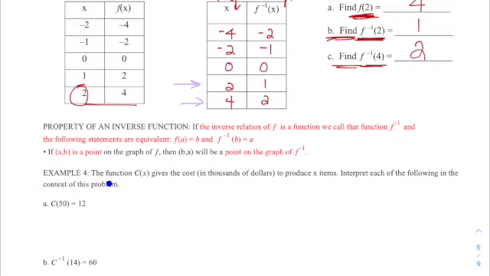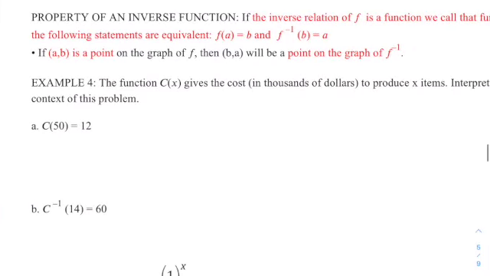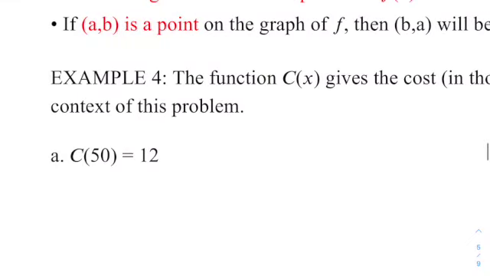So example number 4: the function C(x) gives the cost in thousands of dollars to produce x items. Interpret each of the following in the context of this problem. Letter A says C(50) equals 12. So 50 is going to be the input, 12 is going to be the output.